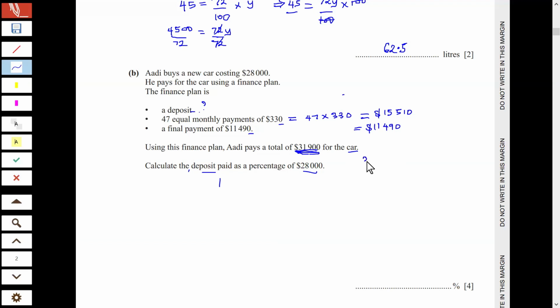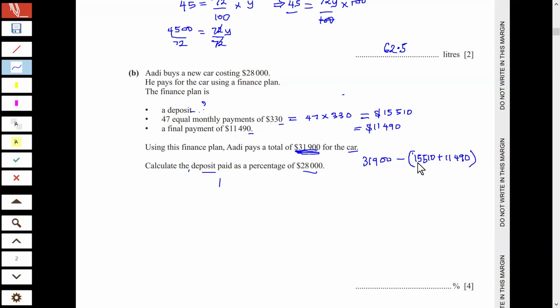Out of 31,900, I will subtract the total of the 47 equal monthly payments, which is 15,510, plus the final payment, 11,490.